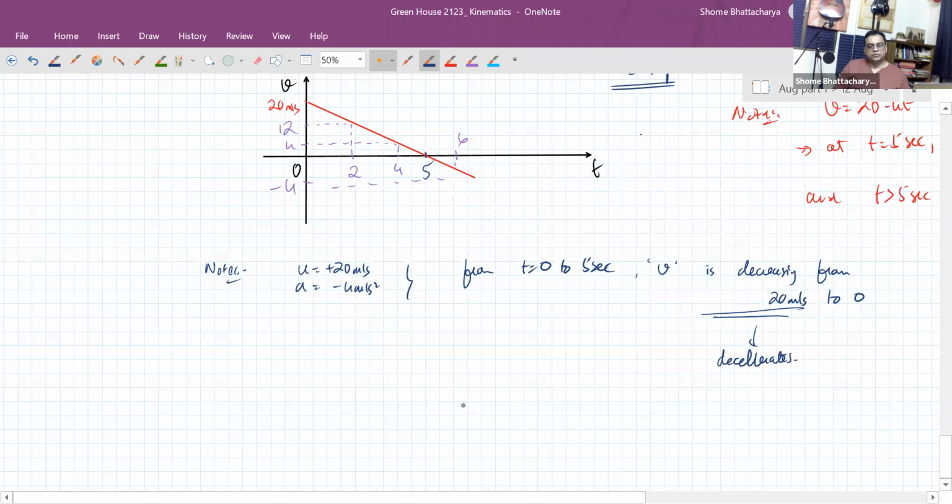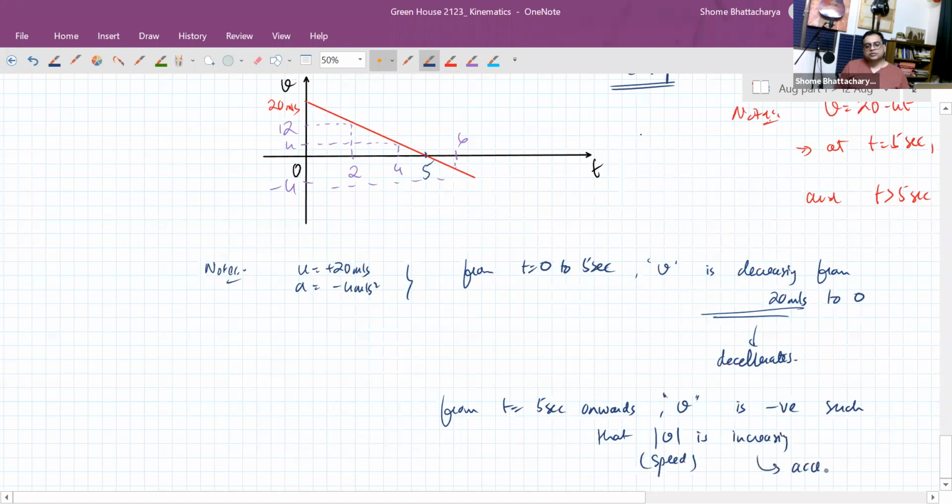But from t equal to 5 seconds onwards, velocity is negative such that the magnitude of velocity, that is speed, is increasing. So again, it is accelerating because the speed is increasing. So for example, you can see that at t equal to 6 seconds, the velocity is minus 4.